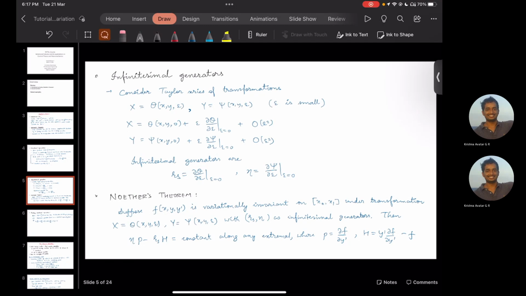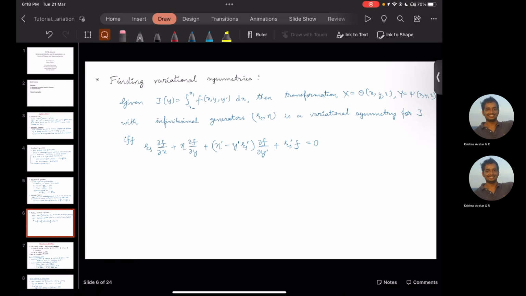If we have the infinitesimal generators, then we can find whether a functional has some variational symmetries, and what the generators for that symmetry are, and that's what we call the infinitesimal generators. So essentially, our task is to determine the expressions for xi and eta.